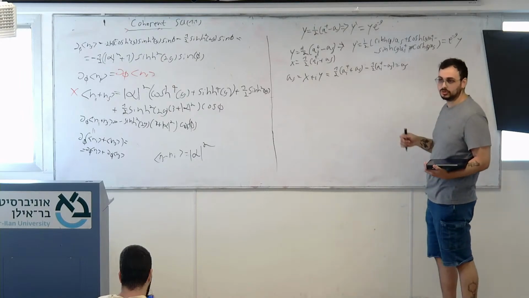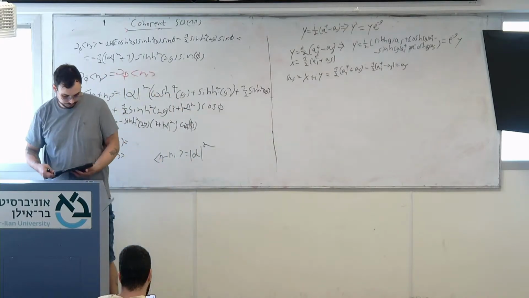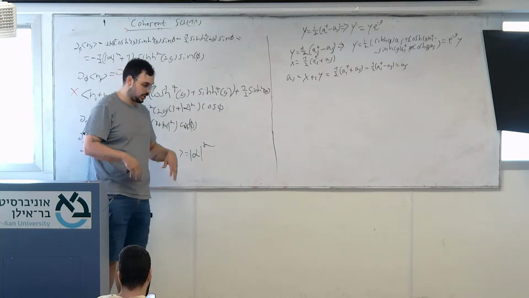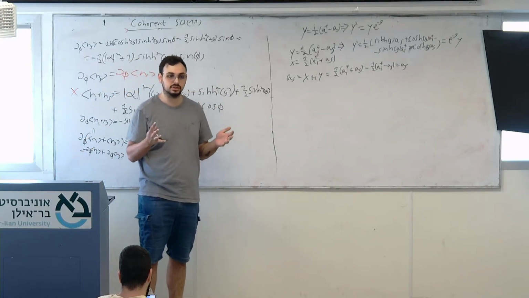It will read the same in the two-mode quadrature. This will be the one that you squeeze. So we know that we squeeze the quadrature because it can give us better sensitivity.